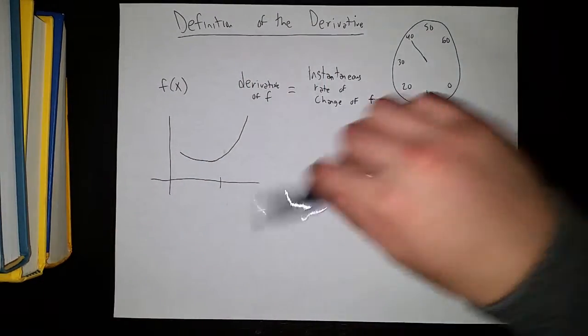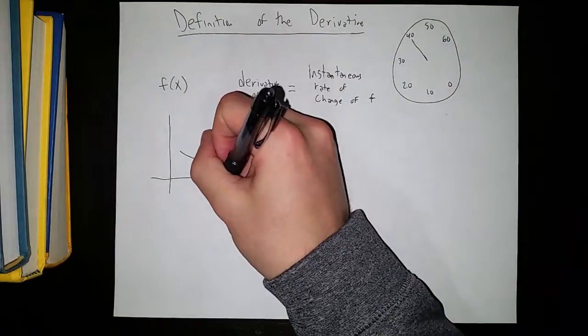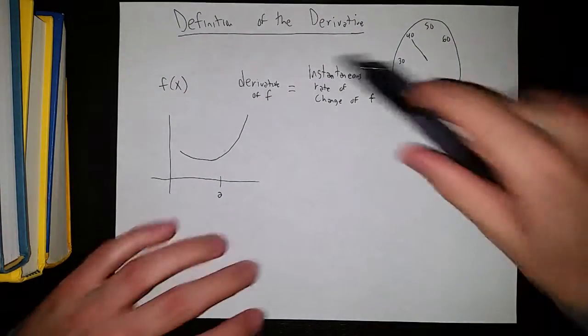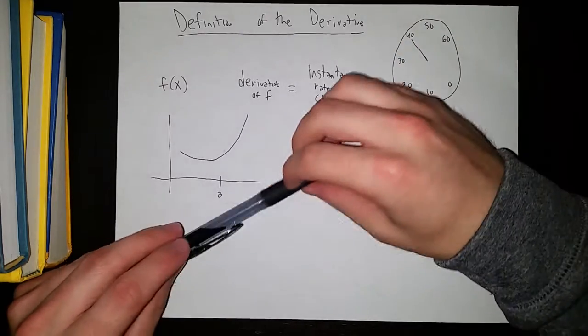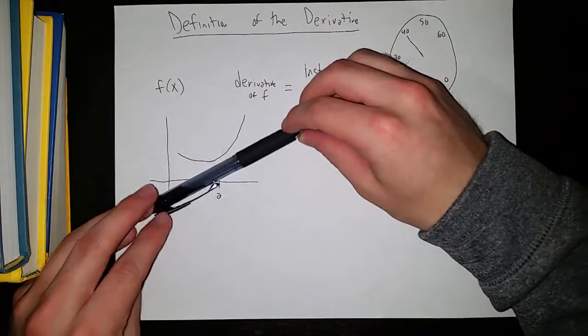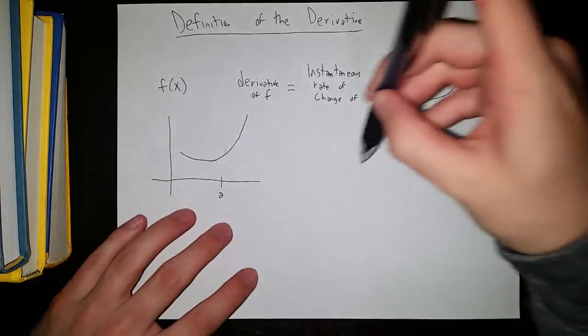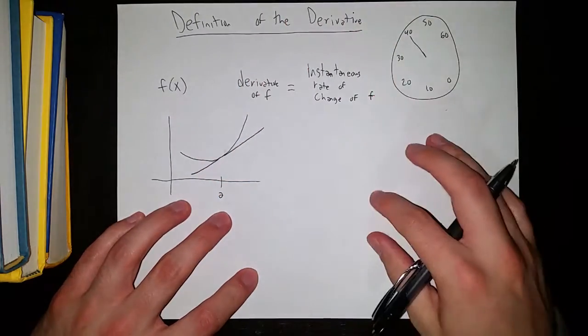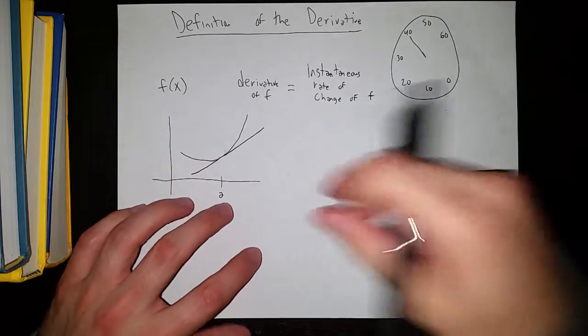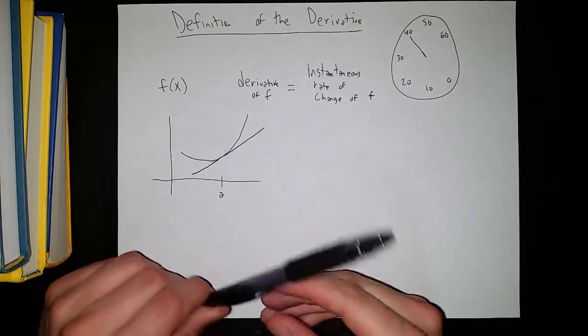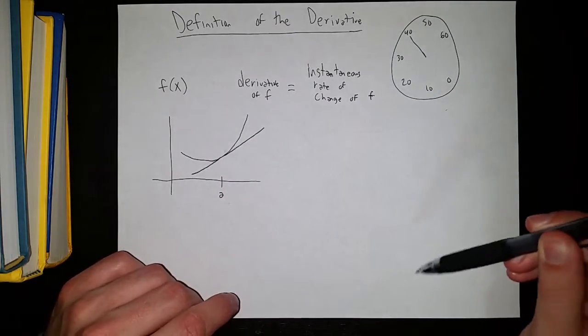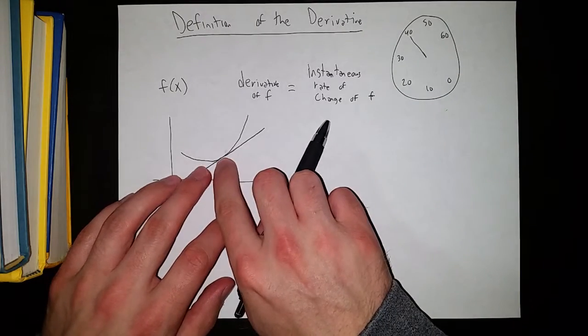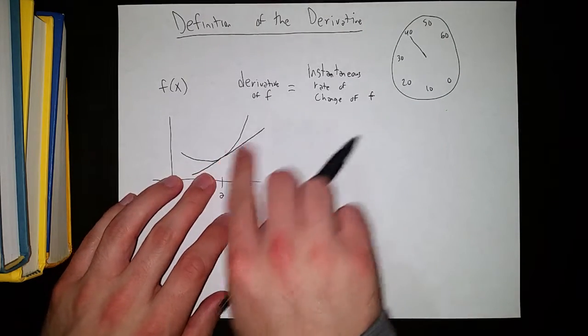Okay, so let's look at a point A. I'll argue that the instantaneous rate of change is given by this line. At this point, if we're right here, we're looking this way.